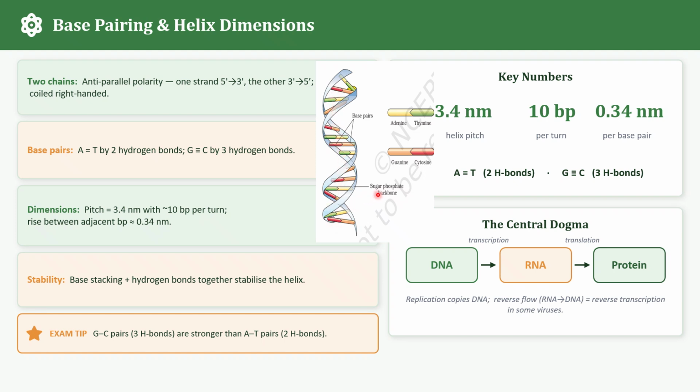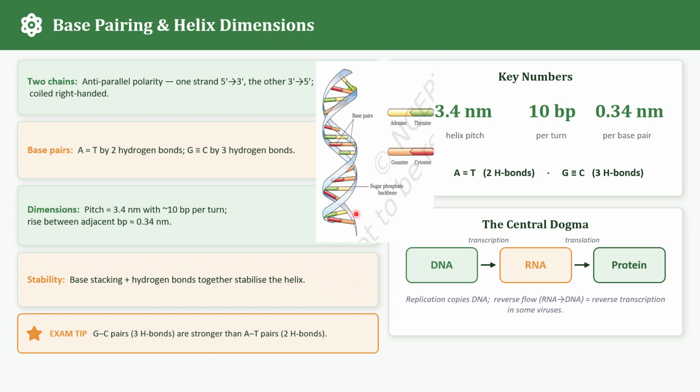So one important feature of DNA is that it has two strands. Yeah, the two strands are anti-parallel. One strand runs from 5' to 3' and another one runs from 3' to 5'. Let's see this diagram. Yes. So the entire structure is twisting like a spiral staircase.